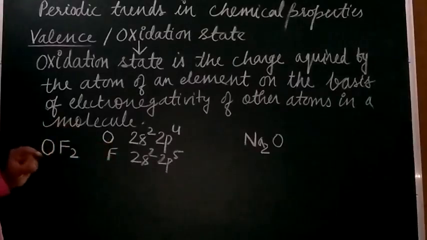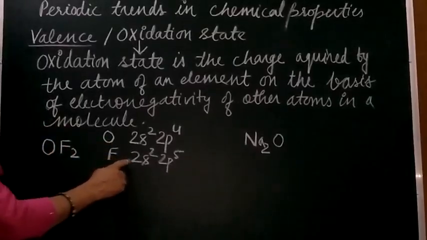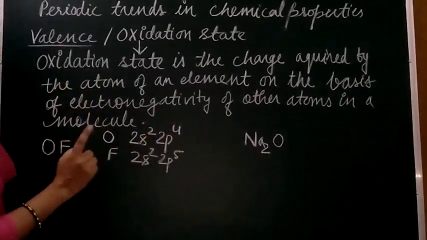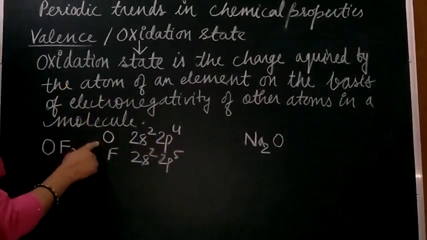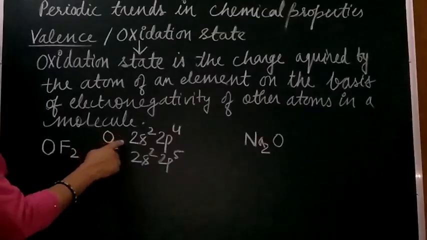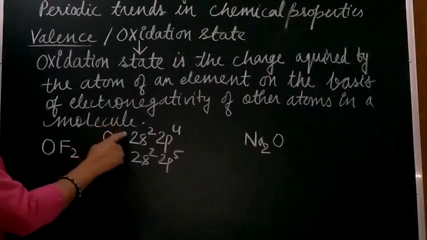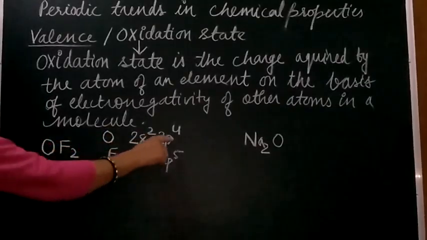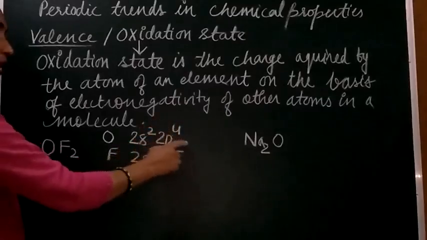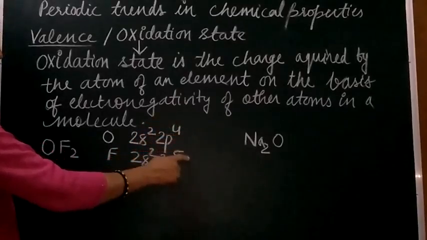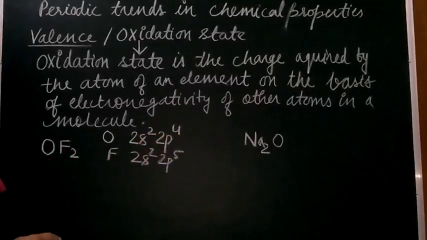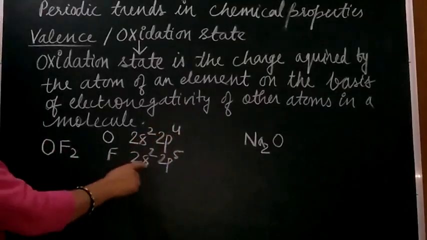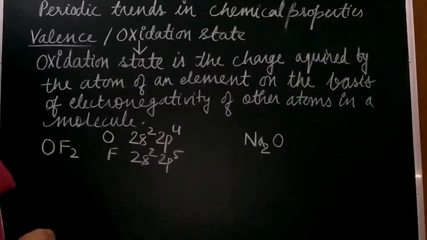So here fluorine needs only one electron, and oxygen is 2s2 2p4. If it gets one electron shared with the other, what will happen here? It will get the half-filled configuration and the fluorine will get the stable configuration.